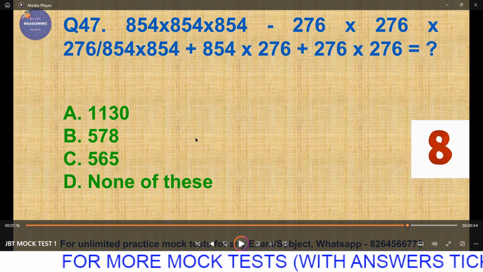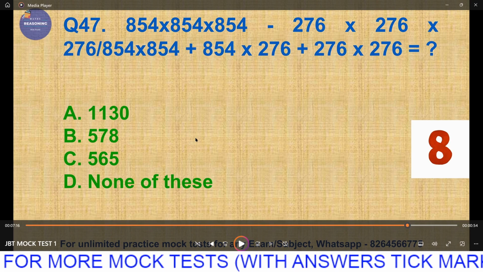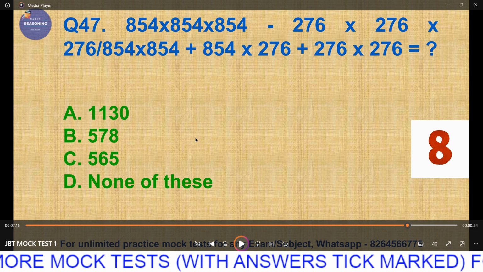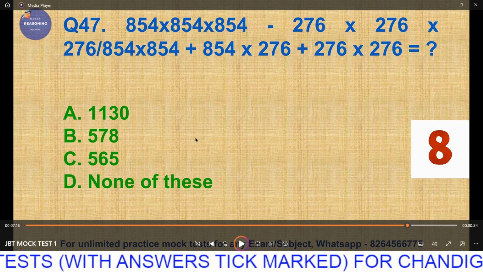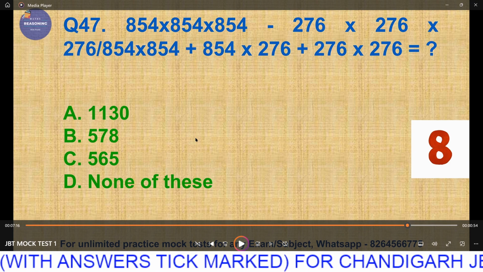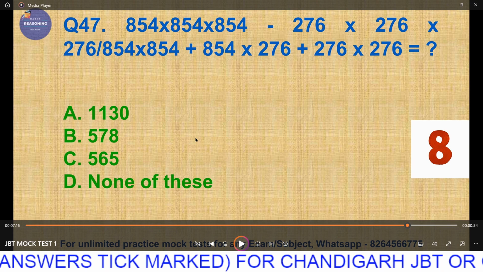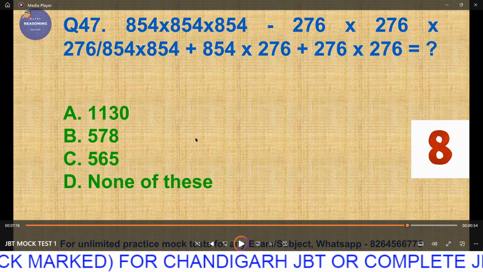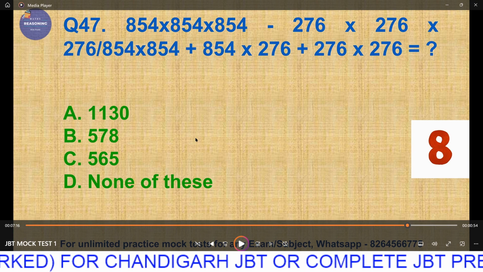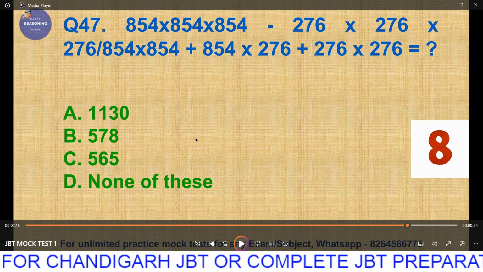Next is, (854 multiplied 3 times minus 276 multiplied 2 times into 276) divided by (854 multiplied by 854 plus 854 multiplied by 276 plus 276 multiplied by 276) is equal to.